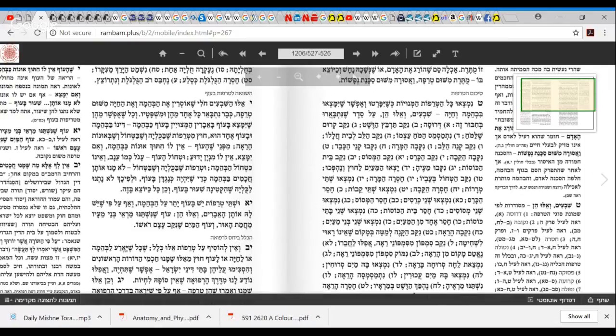So it ends up being that the terefot which were counted when they are listed separately and that are possible to occur in the domesticated animal and in the undomesticated animal, these are 70. And these are they in the order in which they have been explained in this book, in the order in which Rabbeinu brought them in these chapters.